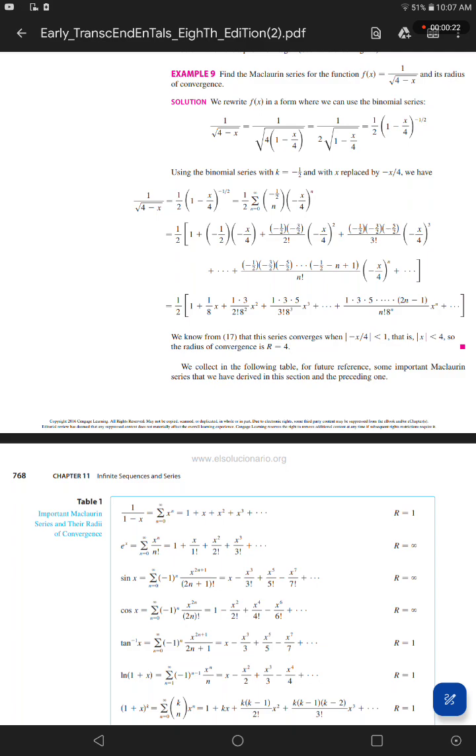1 over the square root of 4 minus x equals 1 over the square root of 4 times (1 minus x over 4), equals 1 over 2 times the square root of 1 minus x over 4, equals 1 half times (1 minus x over 4) to the power negative 1 half.